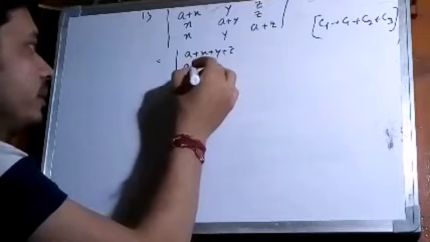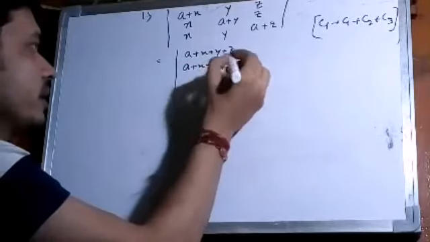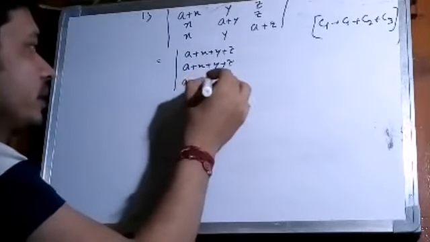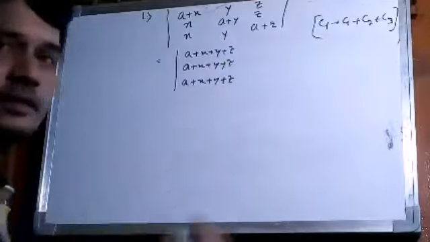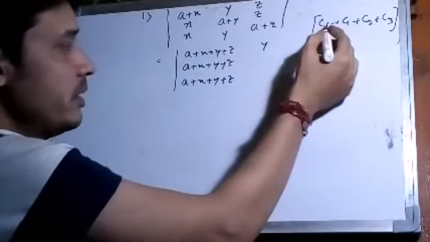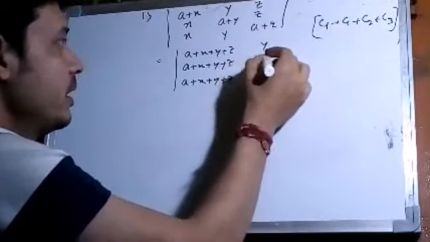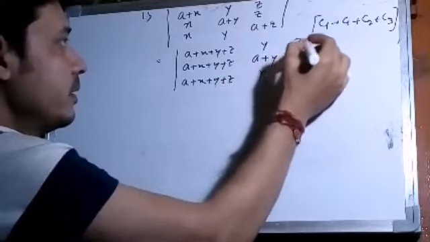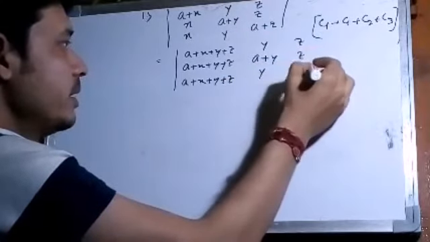This one also a plus x plus y plus z, and this is also a plus x plus y plus z. Now this one is y, no change, as only C1 will be changed. A plus y, y. This is z, z, a plus z.